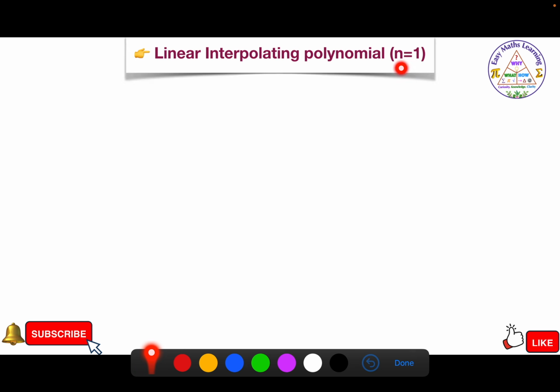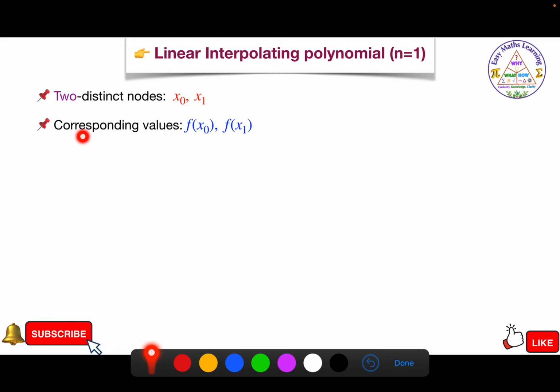For n equal to 1, we obtain the linear form of Lagrange interpolating polynomial, which is called the linear interpolating polynomial. For n equal to 1, we have only two distinct nodes, x0 and x1, along with the corresponding function values f(x0) and f(x1). First, we define the basic polynomials or multipliers.